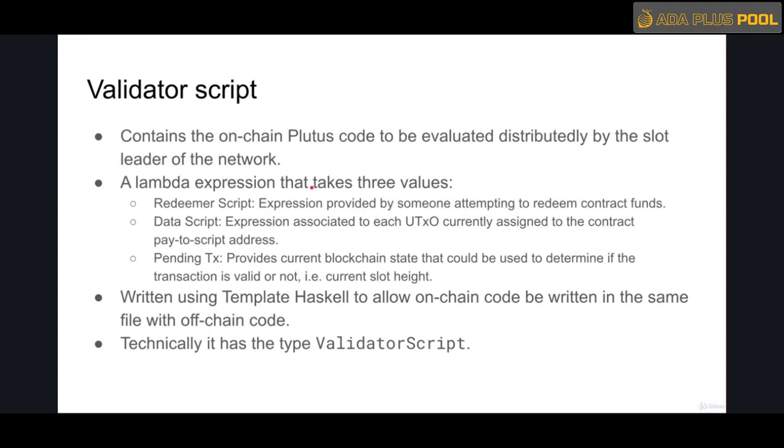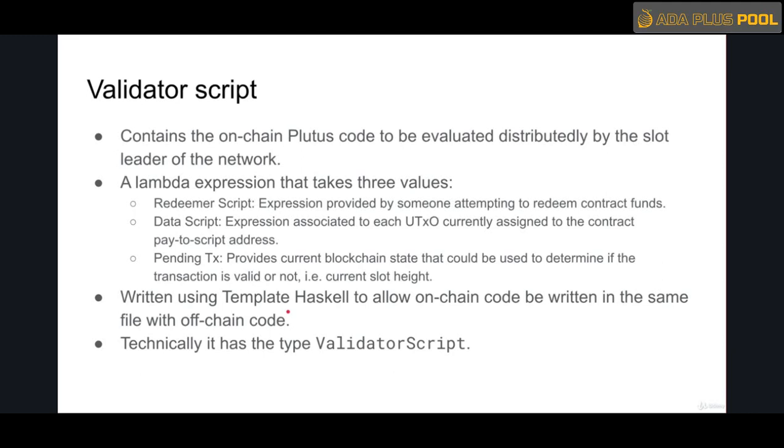The data script, with the expression associated to each UTXO currently assigned to the contract. The pending transaction provides the current block state that could be used to determine if the transaction is valid or not. Here, the current slot height. And it is written in Template Haskell to allow on-chain code to be written in the same file with the off-chain code. And technically, it is a type validator script.